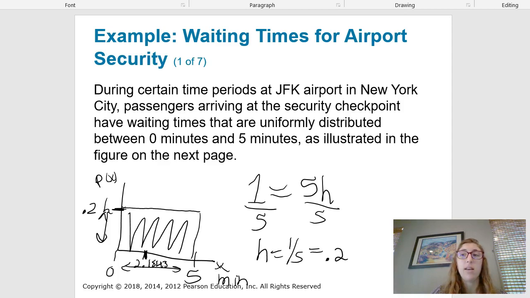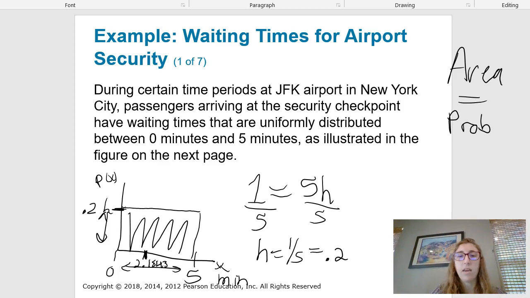We said that area corresponds to our probability. Well, if we're looking for the probability of a passenger waiting exactly 2.1543 minutes, we're looking at this line here. What's the area of a line? 0. So when we're dealing with continuous probability functions, the probability of one specific x value is always going to be 0.